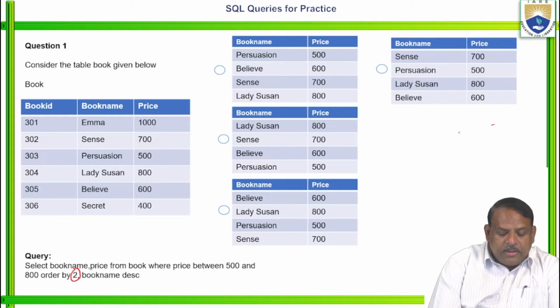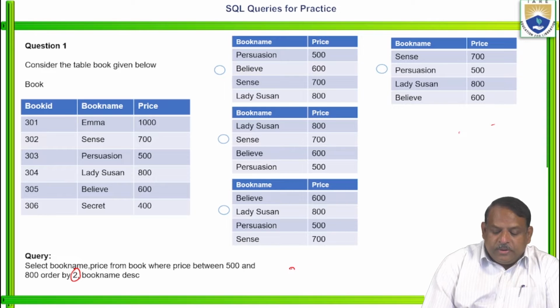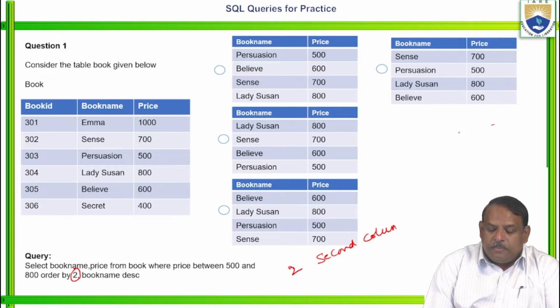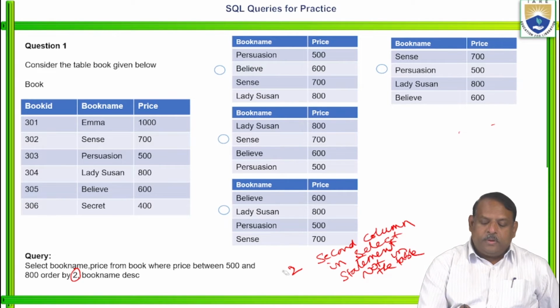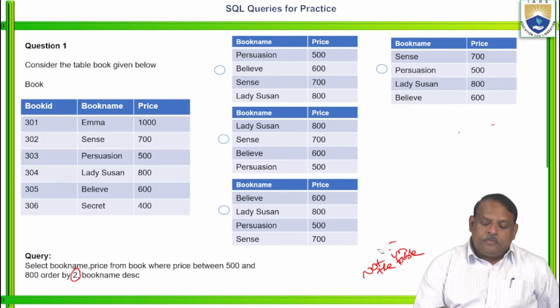This 2 means second column in the select statement, not in the table. That has to be clearly understood. Okay, very good. Now we'll go to the next question.